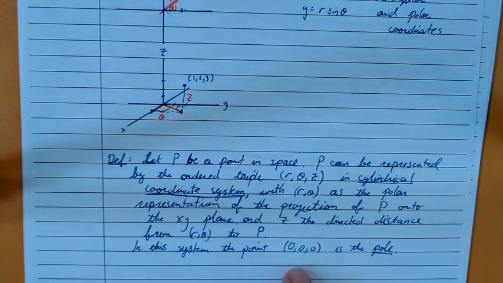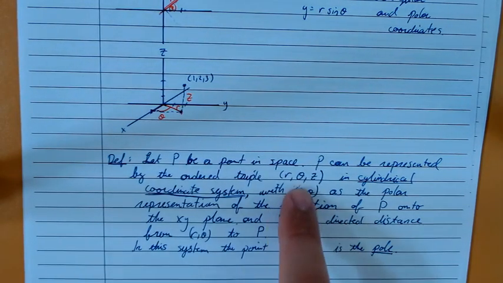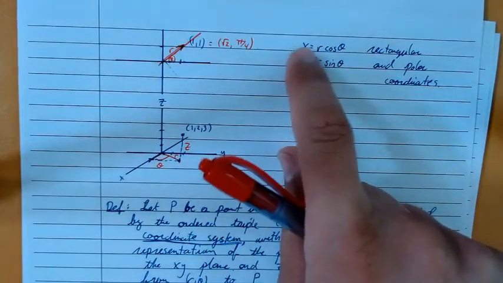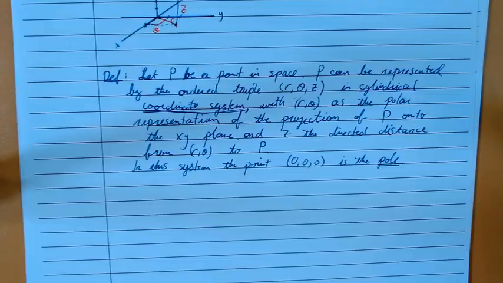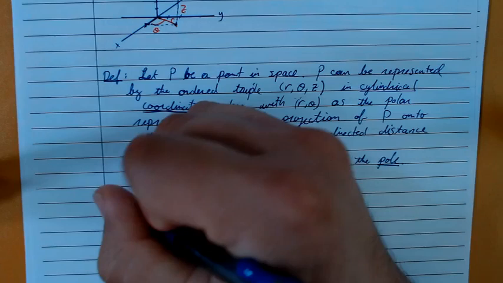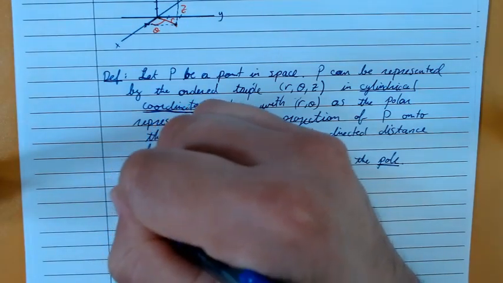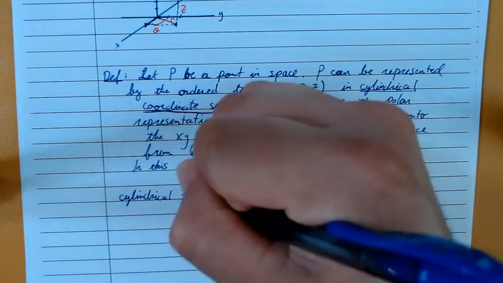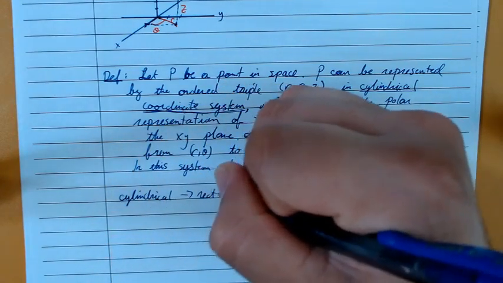This one is fairly simple because this r and this theta are identical to the r and theta we're used to, which means all the same conversion factors still exist. Here, to convert back and forth between rectangular and polar is really pretty simple. Cylindrical to rectangular.